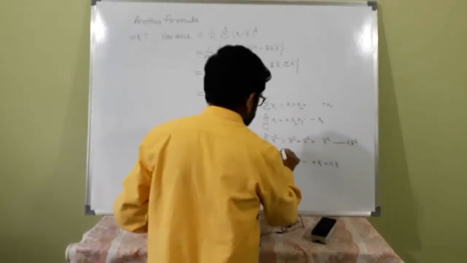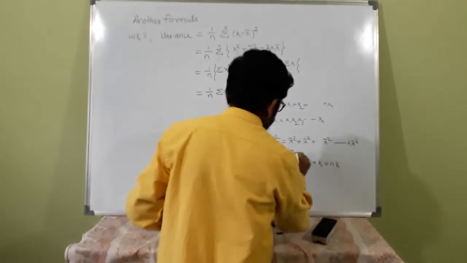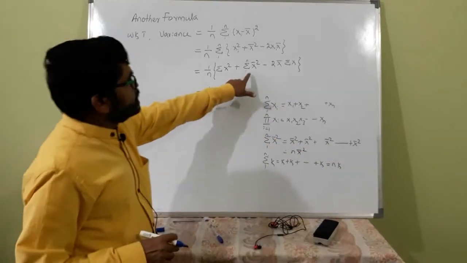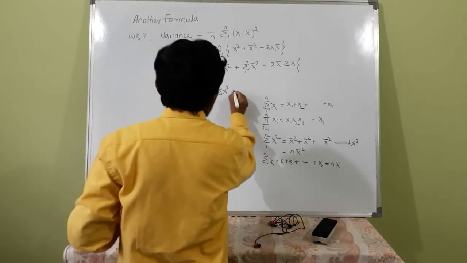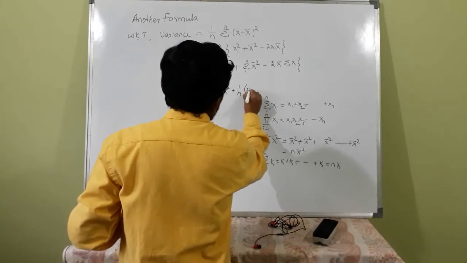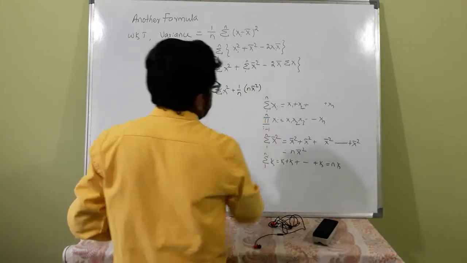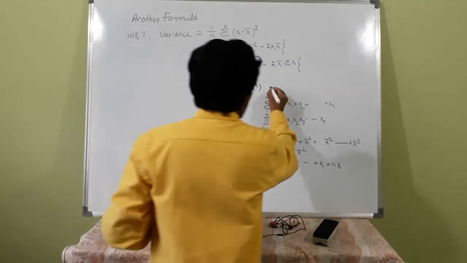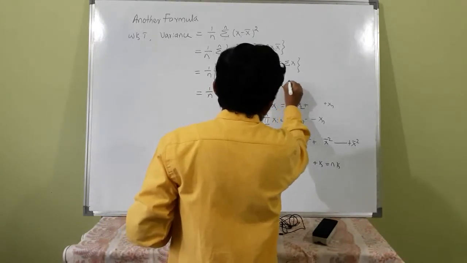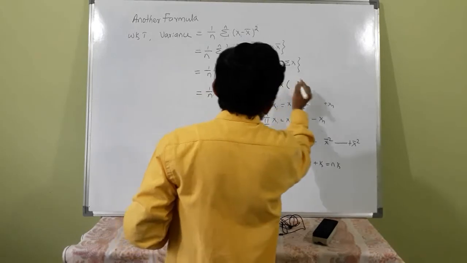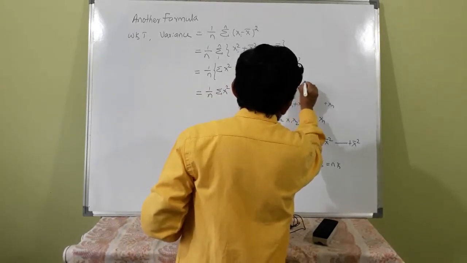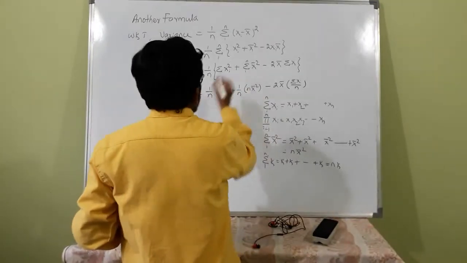How many x bar squares? That is n into x bar square. So summation x bar square is nothing but, if you take 1 by n inside, this is n into x bar square, isn't it? Minus 2 into x bar into, if you take 1 by n, summation xi by n, xi by n.